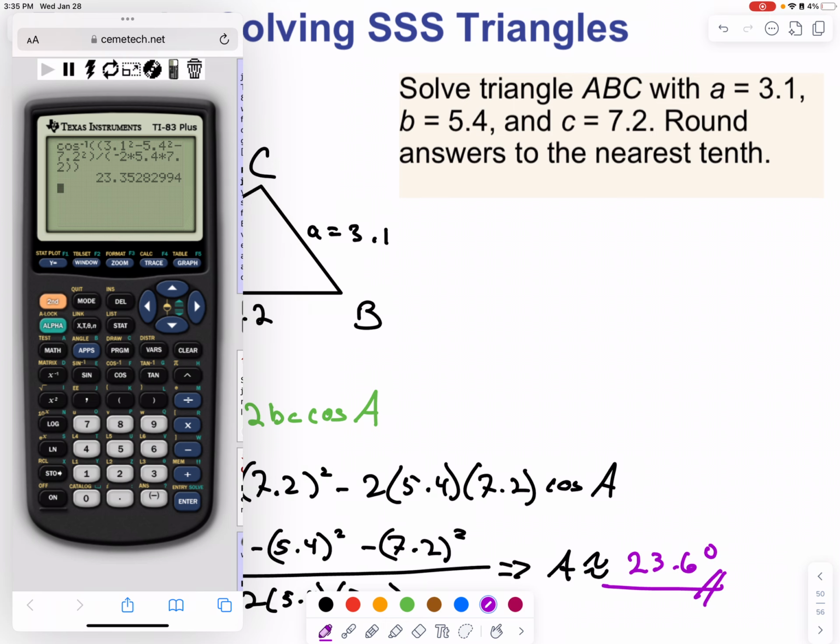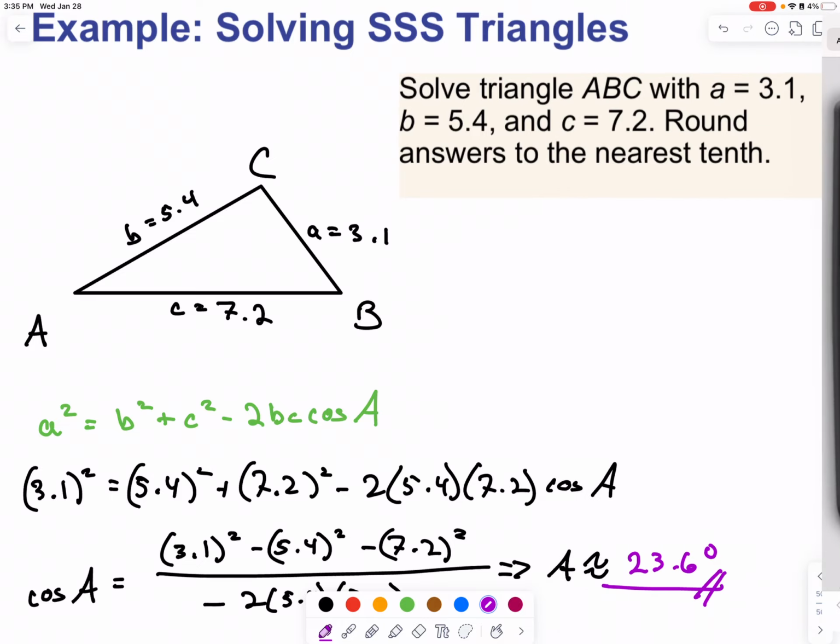Okay, I think we can use the law of sines at this point. For instance, if we want angle B, then using the law of sines, the sine of B over side b would equal the sine of A over side a.